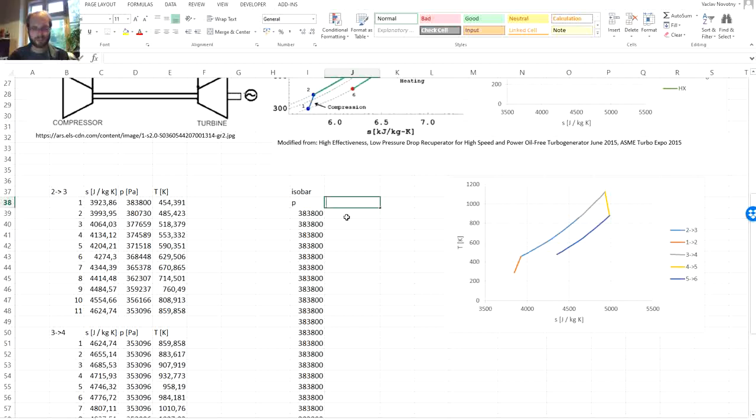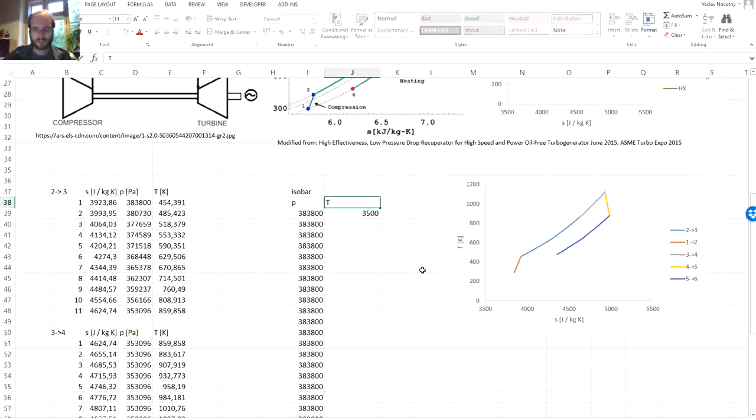Now the entropy, let's say the entropy range would be between these 3500 by... or let's do it the other way.